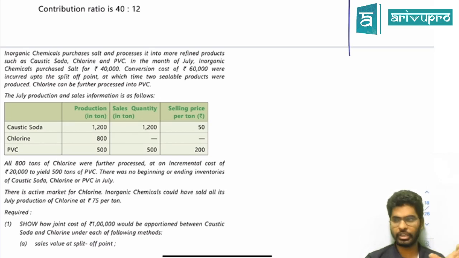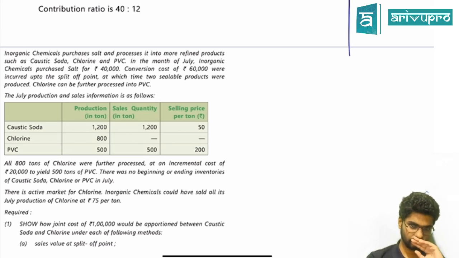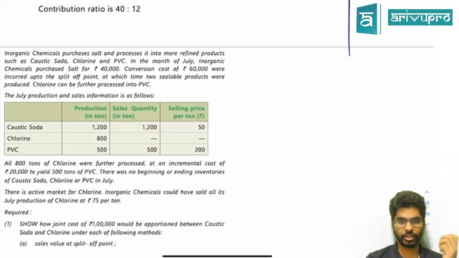See here, below the table there is a question which says all 800 tons of chlorine were further processed at an incremental cost of 20,000 to yield 500 tons of PVC. That means if you process chlorine further, you will get 500 tons of PVC.